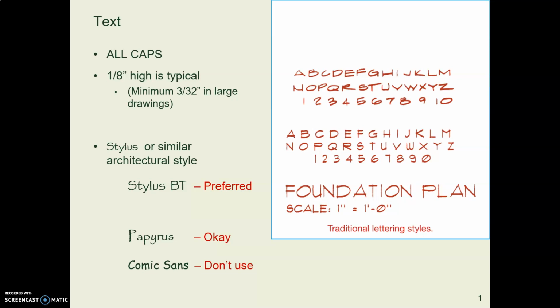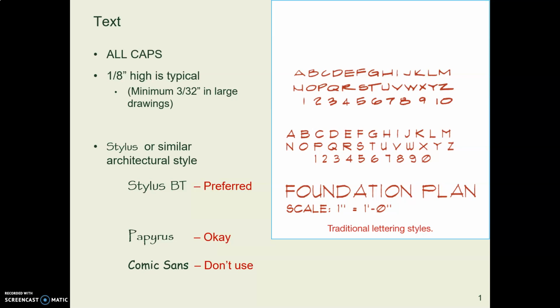The standard does say if you've got a gigantic drawing with a lot of notes and writing crammed into it, it is acceptable to use 3/32, which is just a 32nd smaller. That's the minimum. You're not allowed to go any smaller than that. But really, if you keep it at 1/8 of an inch high, you'll be good.